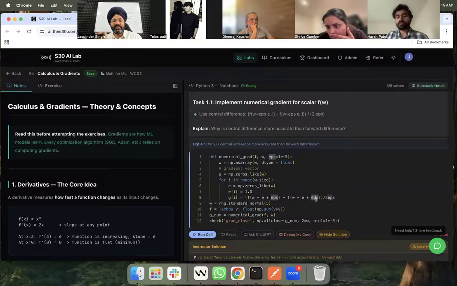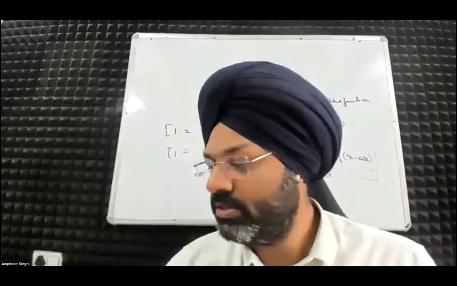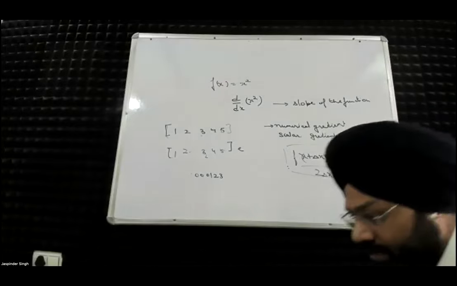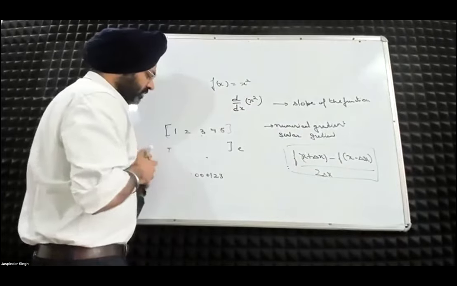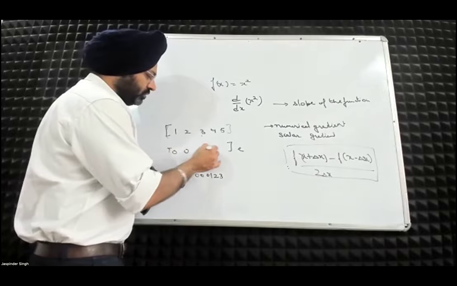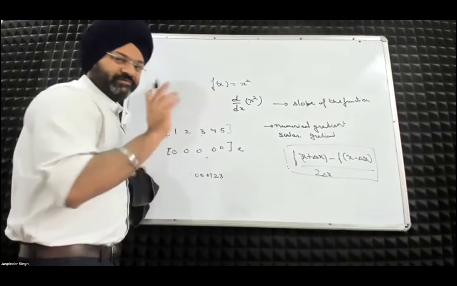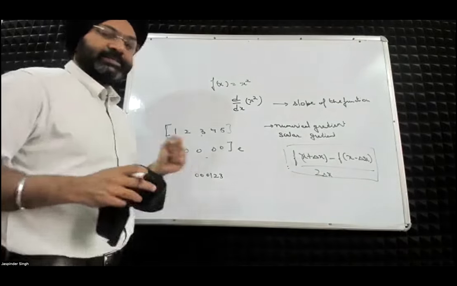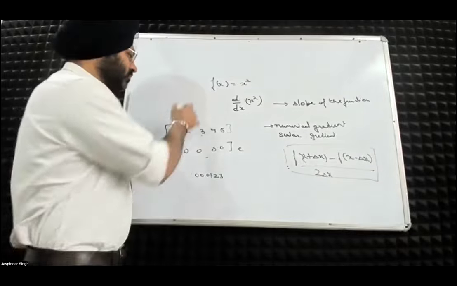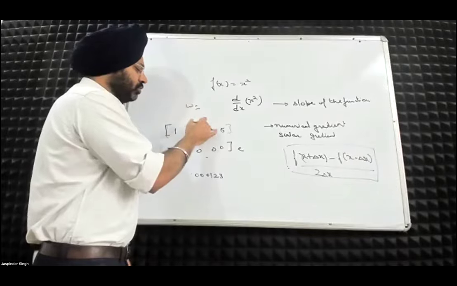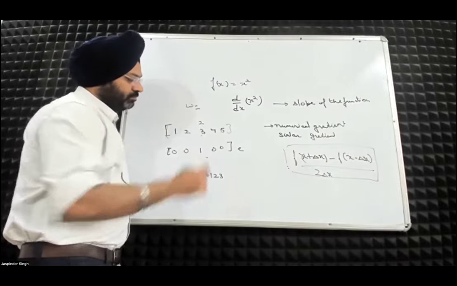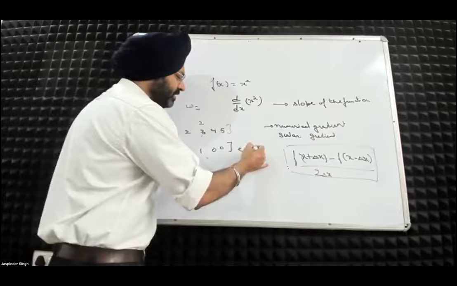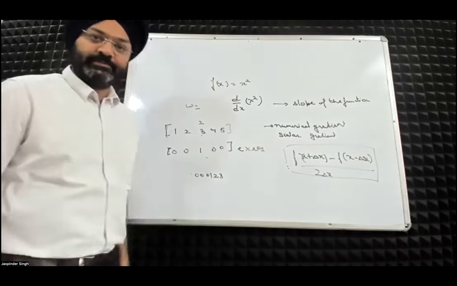So let's see essentially what we are doing over here. We are declaring an E which is equal to 0, 0, 0, 0, 0. For every W, I am declaring this. If my W index is equal to 2, then I am filling that E with 1. I am multiplying that with small step EPS.